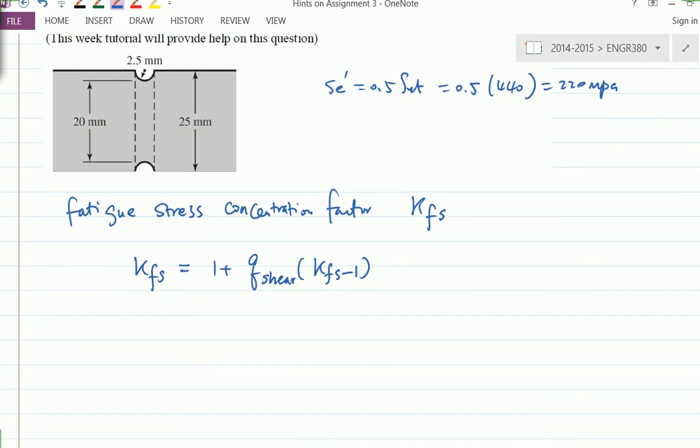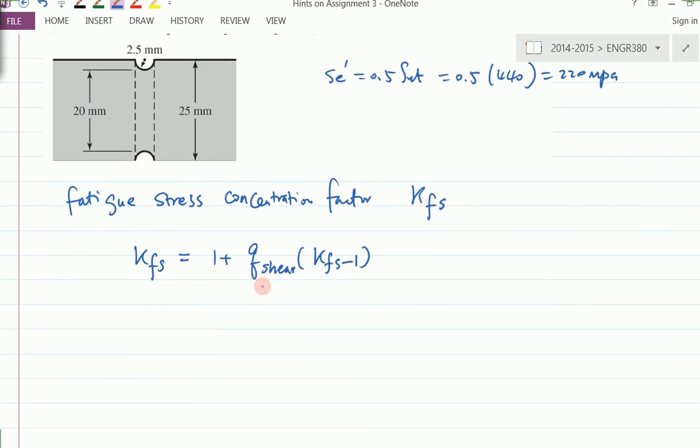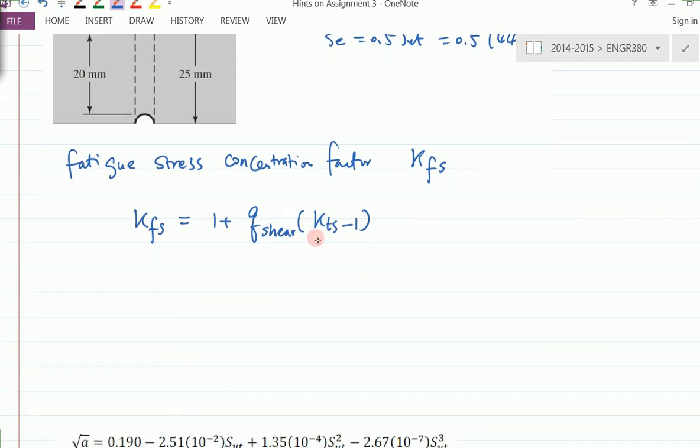Here q shear is the notch sensitivity, and Kts is the static factor. So basically we need to find this and that.